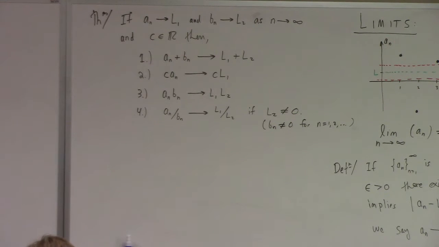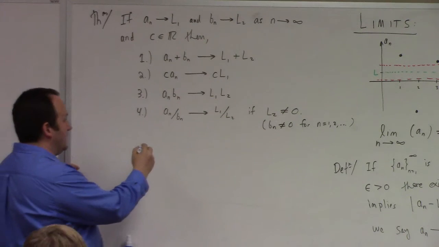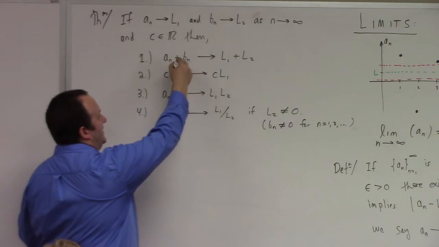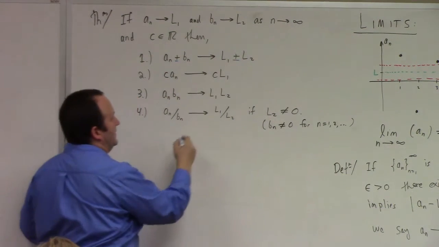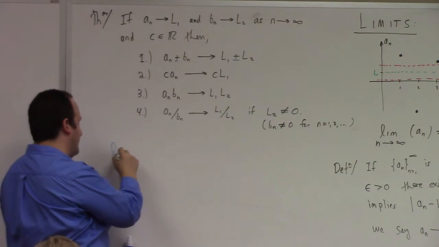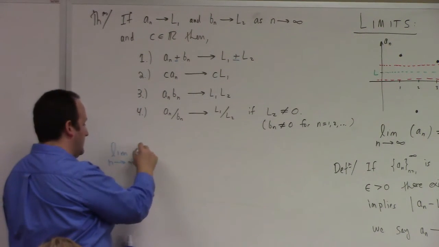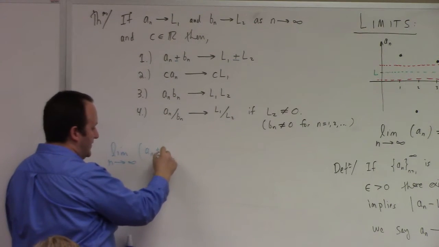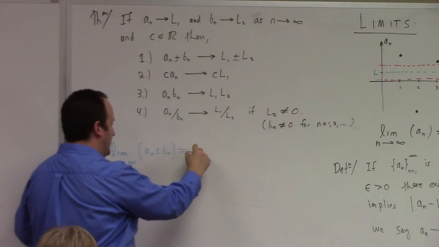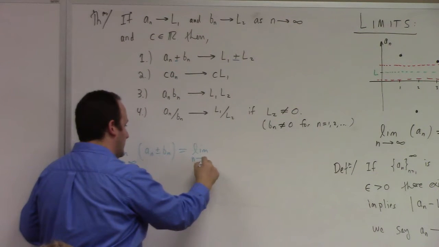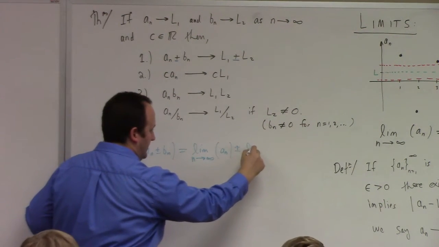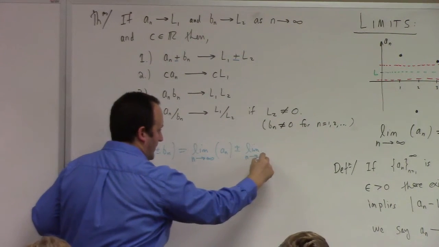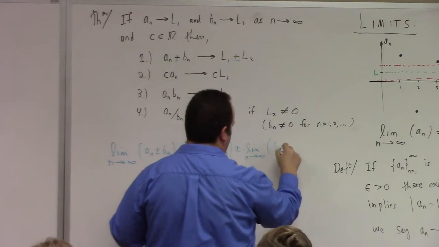What do these look like? These are more fun if we write them in limit notation, and of course I can add a minus here too. So for example, the limit as n goes to infinity of a sub n plus or minus b sub n is equal to the limit as n goes to infinity of a sub n plus or minus the limit as n goes to infinity of b sub n.